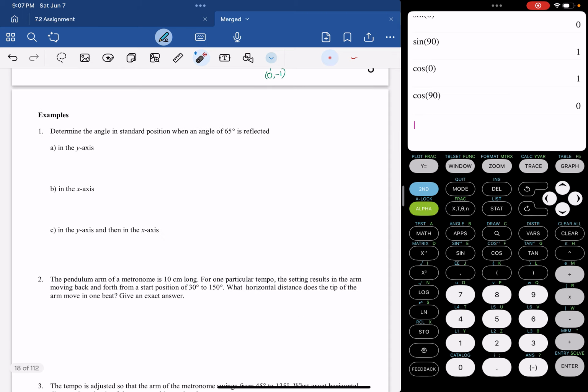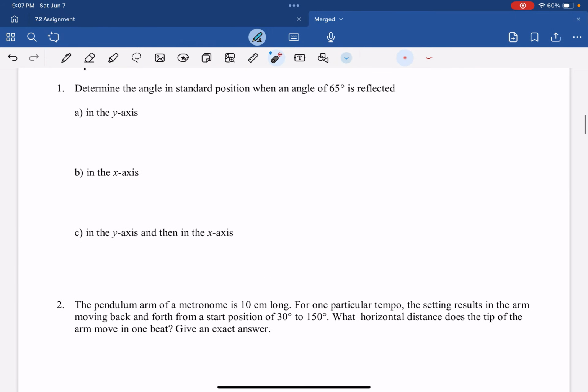Okay, and I think I'm good to close that. So it says determine the angle in standard position when the angle 65 is reflected, and this one it says in the x-axis. So the angle that we're talking about to start with is 65 degrees, so meaning that it would be 65 here. If I reflect it over the y-axis, it'll be over here now.